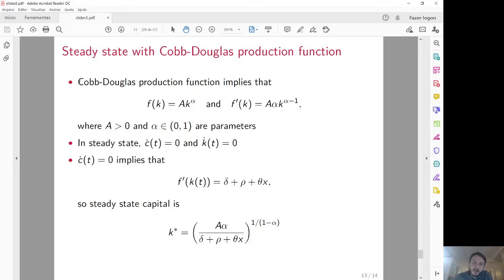We saw that a Cobb-Douglas production function implies that we have f of k like this and f prime of k like this. And in steady state, we have that c dot is equal to 0 and k dot is equal to 0. Let's start with the equation c dot equals 0.